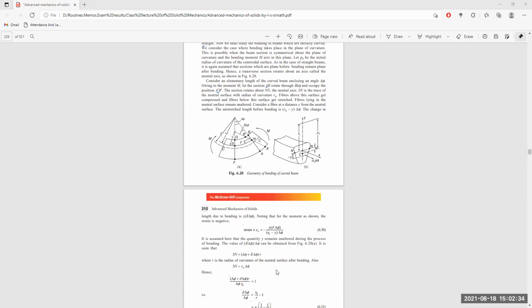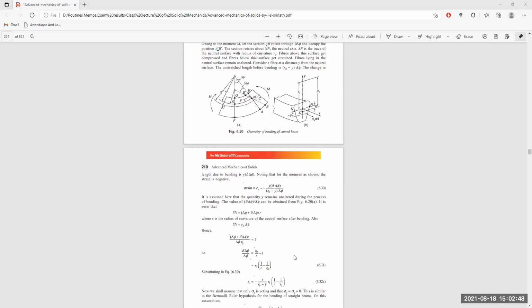Hence, if we divide them together, R times the sum of delta phi and delta phi prime divided by R0 delta phi is equal to 1.